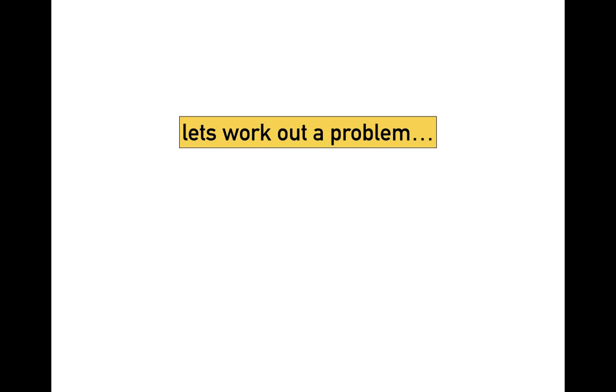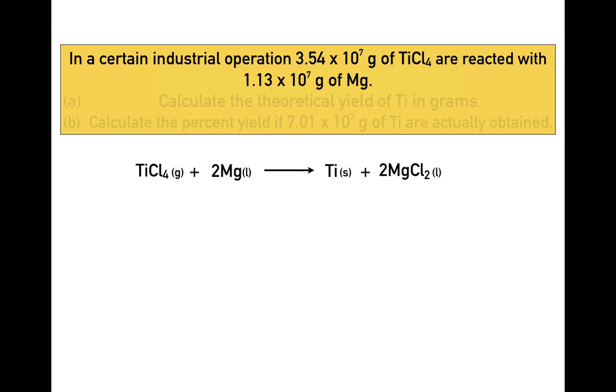Let's actually work out a problem so you can see how this looks. In a certain industrial operation, you have 3.54 times 10^7 grams of titanium chloride reacted with 1.3 times 10^7 grams of magnesium. So this is your experiment. You have these two reactants, and these are the specific amounts of each.